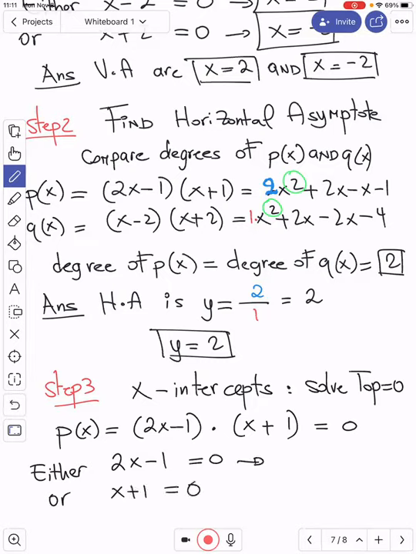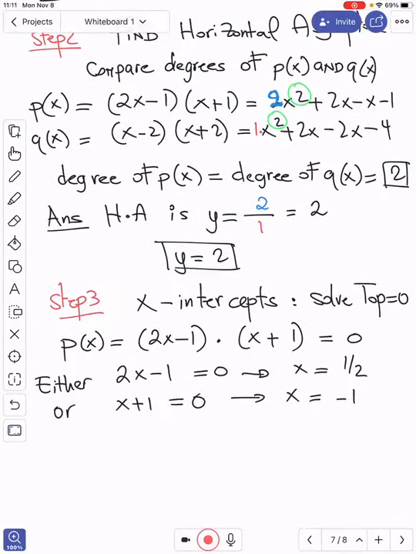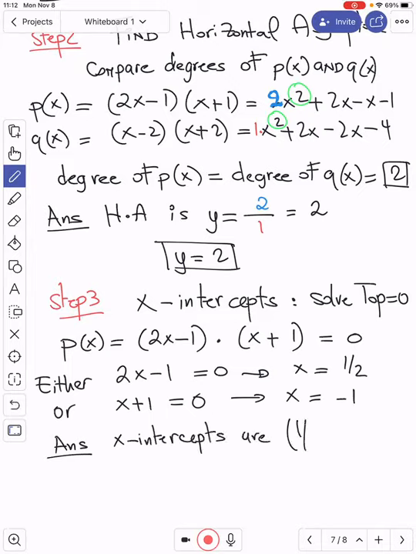If 2x minus 1 is 0, then 2x is 1, divide by 2, so x is 1/2. If x plus 1 is 0, then x is negative 1. So the x-intercepts are 1/2 and -1.